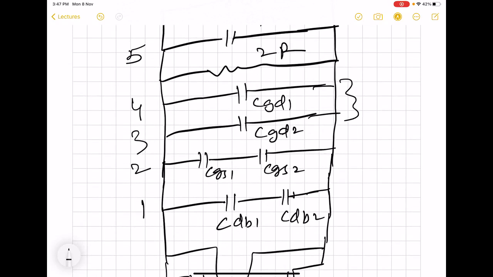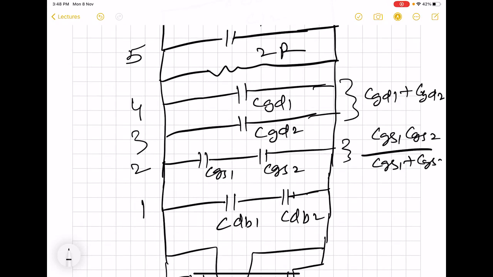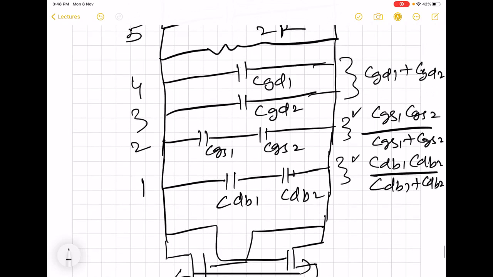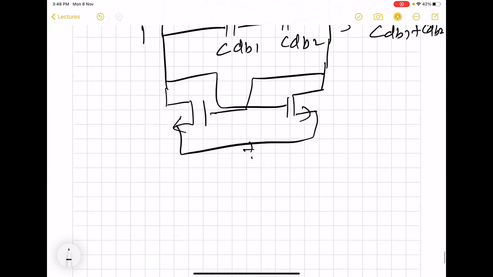So their equivalent is CGD1 plus CGD2. This is equivalent to CGS1 CGS2 divided by CGS1 plus CGS2. And this is equivalent to CDB1 CDB2 divided by CDB1 plus CDB2. And these, they are going to be in parallel with the rest.